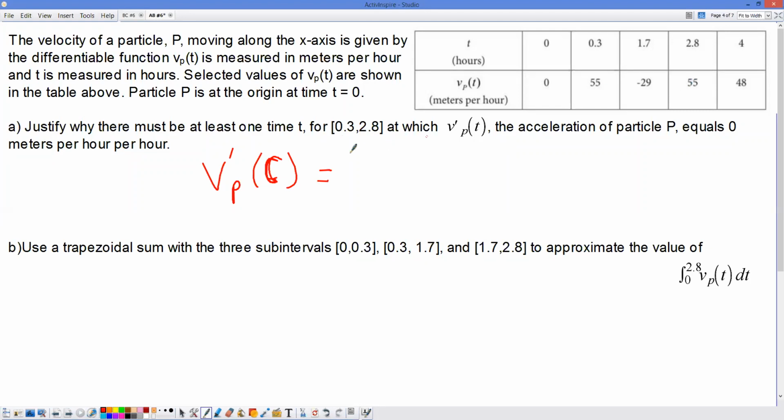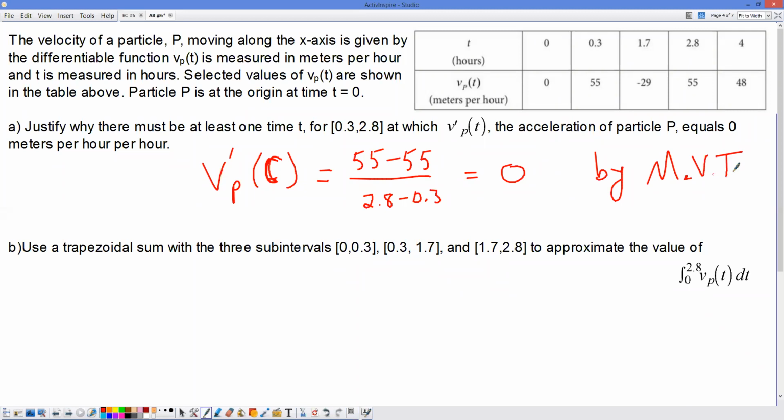So that would be 55 minus 55 over 2.8 minus 0.3. And so our acceleration v prime needs to equal 0 somewhere by the mean value theorem.